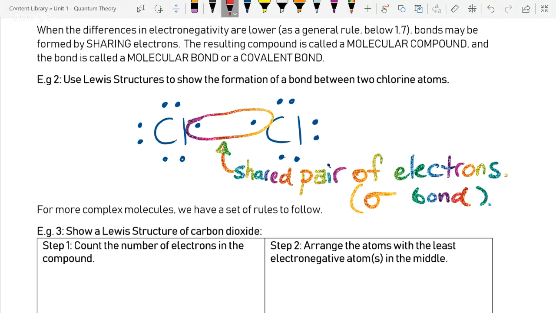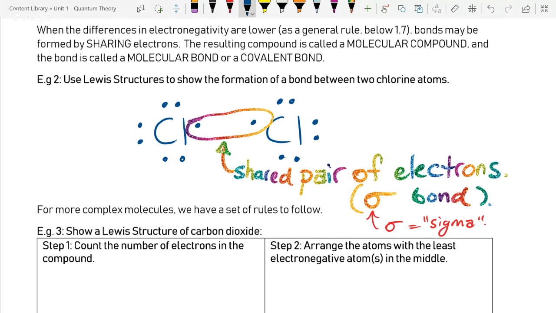All right, and for those of you wondering, this symbol is a lowercase Greek sigma. It sort of looks like that. I'm not a very good sigma bond drawer, but there you go.